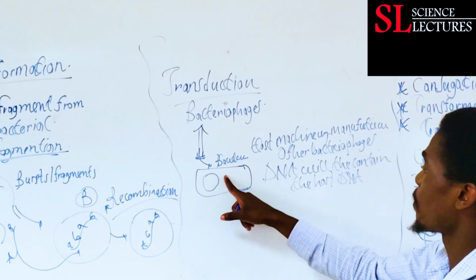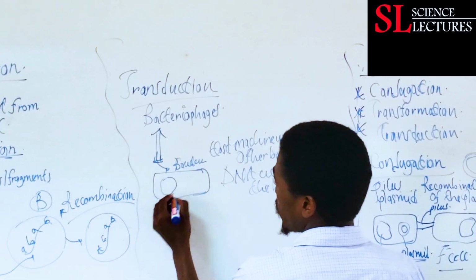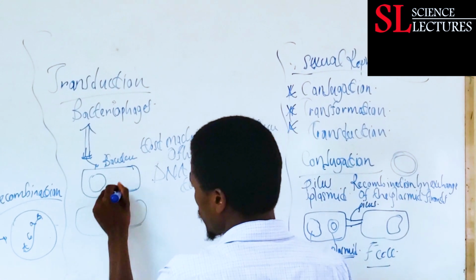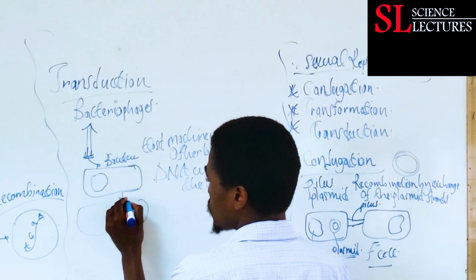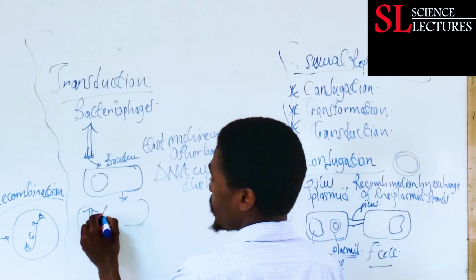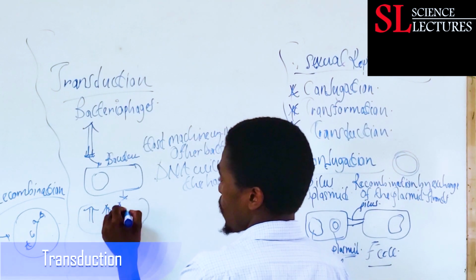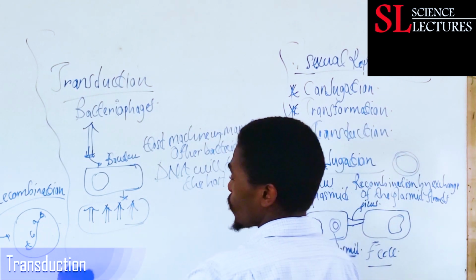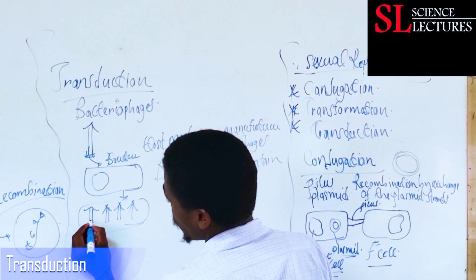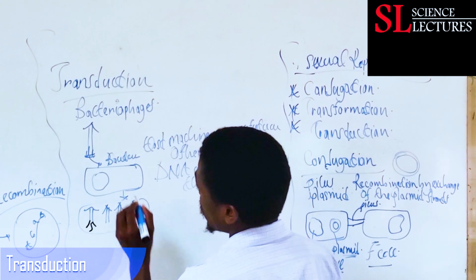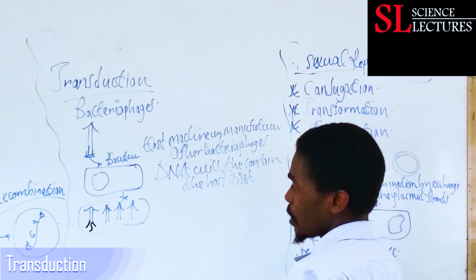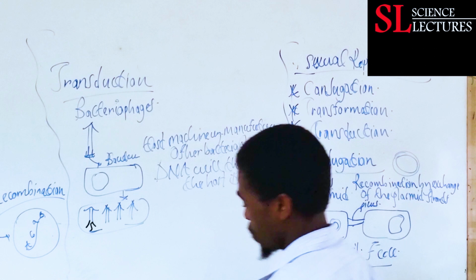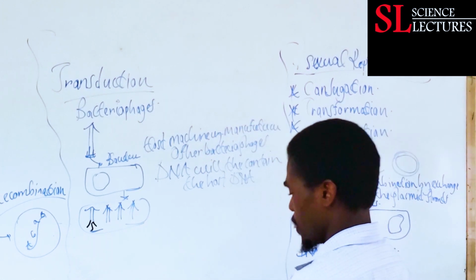After attaching, it will use the host cell machinery. I say that is our host cell. It will use its machinery to manufacture many bacteriophages. However, when these bacteriophages form, at the end of it all, some bacteriophages will have the DNA of the bacteriophage together with the DNA of the host cell. So that is what will happen in the machinery.